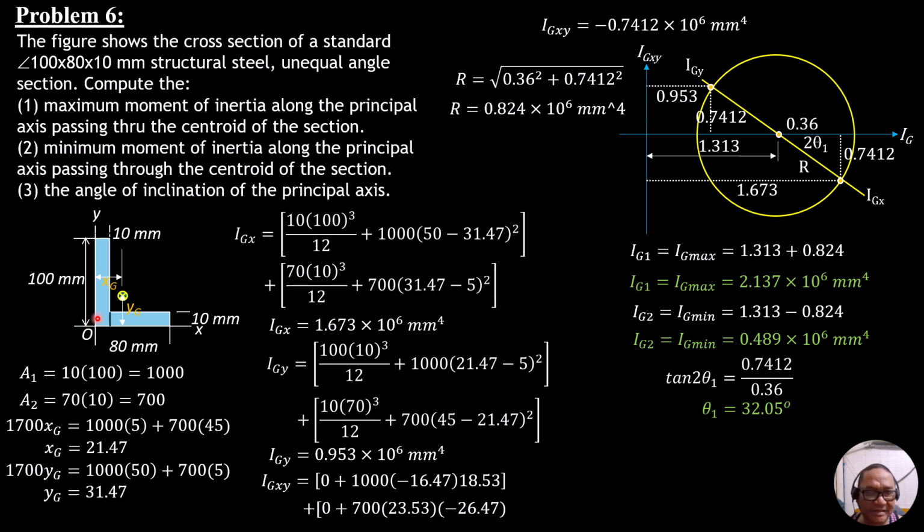So that means for the maximum centroidal moment of inertia, that axis through the centroid is inclined 32.05 degrees from the centroidal x-axis, which is horizontal. So it's like there. For the minimum, you just add 90, so 122.05 degrees. So that's it for this video.